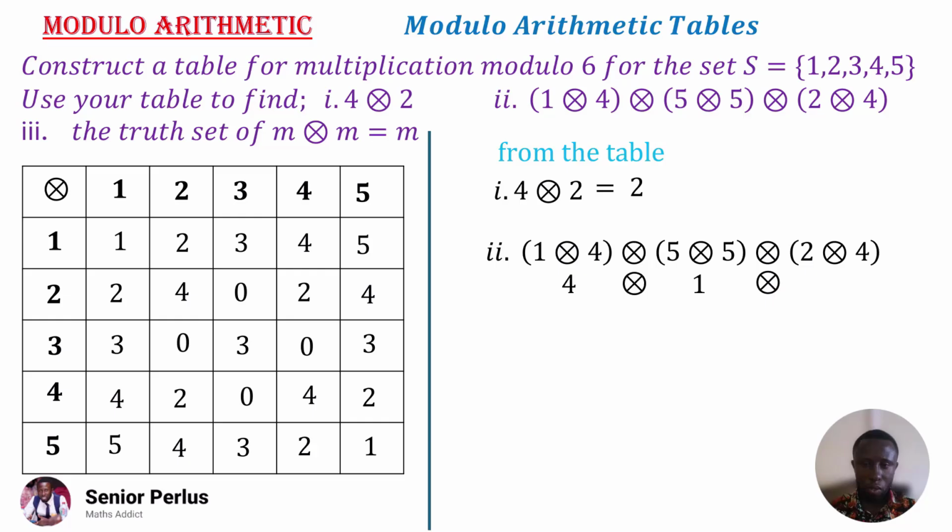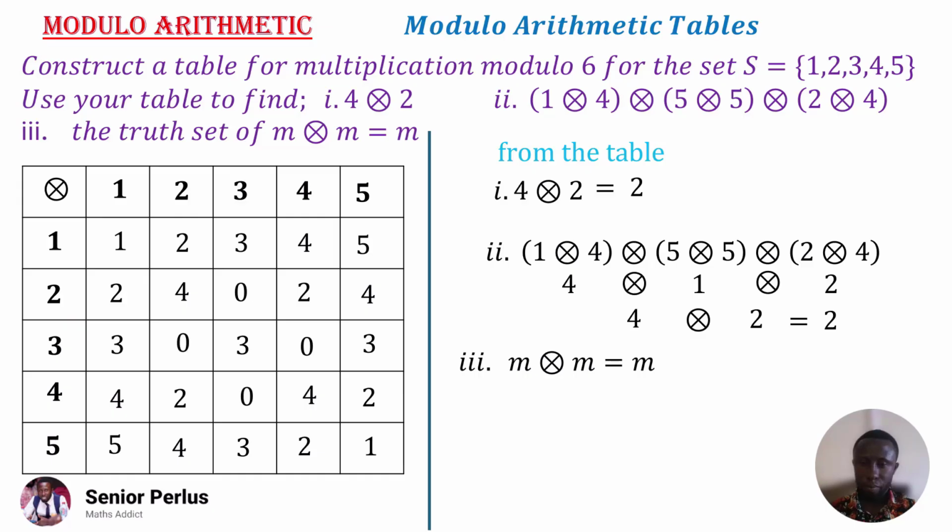Continue. 2 times 4 is 2. Good. So then we come again. 4 times 1 is 4. Then continue. Then I put the 2 down here. 4 times 2 from the table in mod 6. So 4 times 2 is 2.